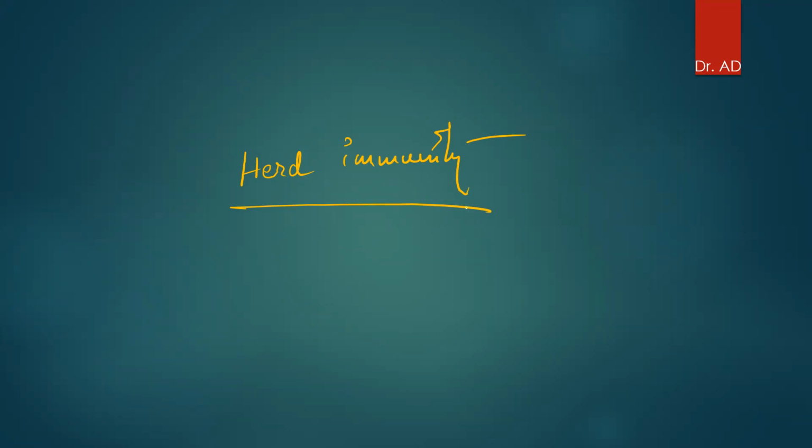Then the pathogen will fail to infect, that is, cause the disease in non-immunized persons also. So the non-immunized people get the advantage of staying together with immunized people. This is called herd immunity. Fine. So this is how we come to the end of our lecture.